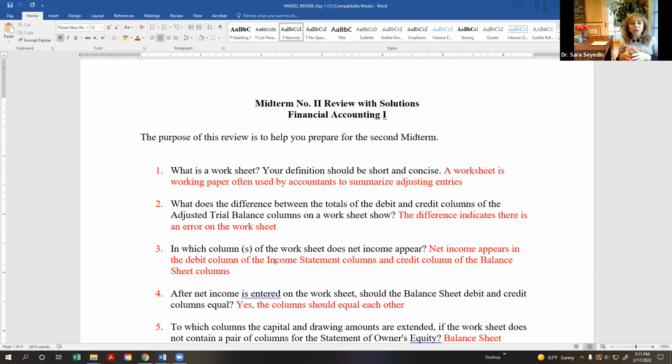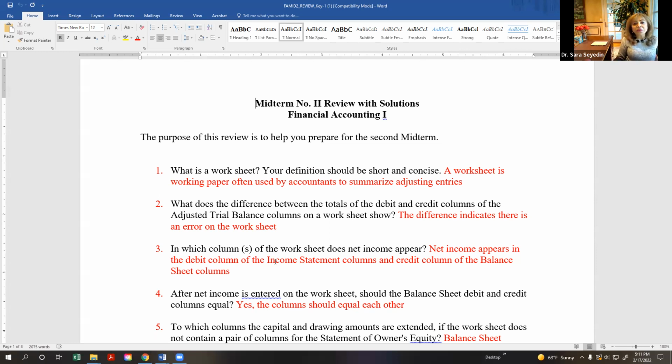So you will have one answer that says a worksheet is what external stakeholders would like to review, which is totally wrong. Outside stakeholders such as bankers, creditors, and vendors do not want to look at the worksheet. They want to look at financial statements, not the worksheet.